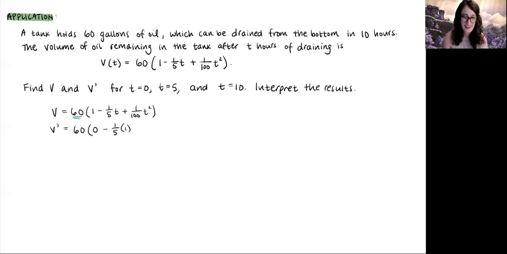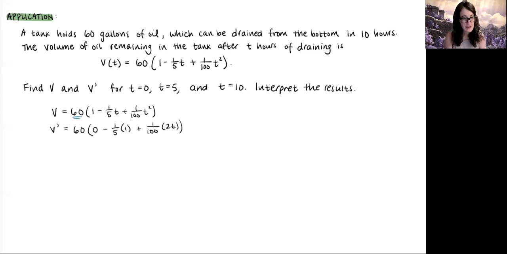I'll write that in. Then we'll add the derivative of 1/100th t squared. So 1/100th is a constant multiple again, but this time for just the t squared. So the 1/100th gets multiplied by the derivative of t squared, which is 2t.